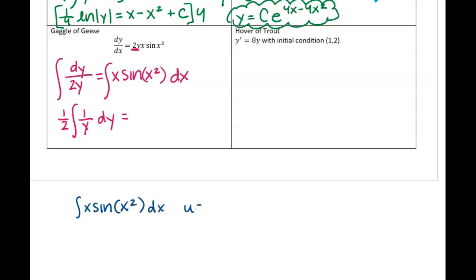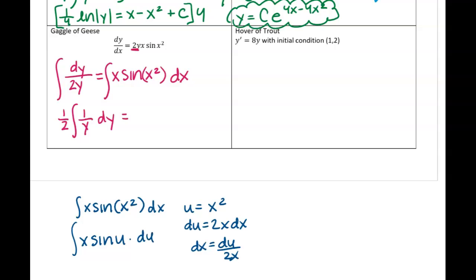So u would be x squared. Du is 2x dx. dx is du over 2x. So then we'll have x sine of u times du over 2x.